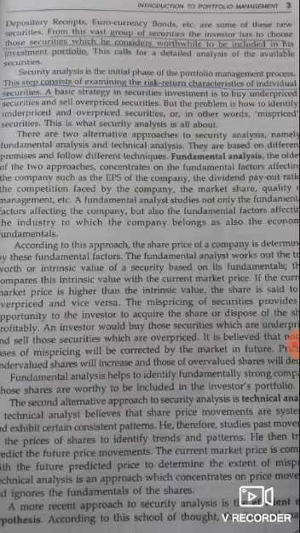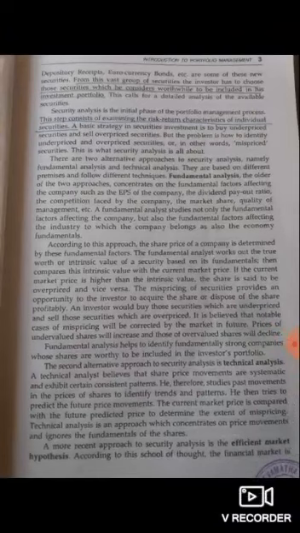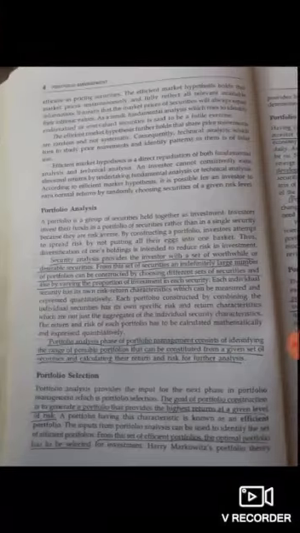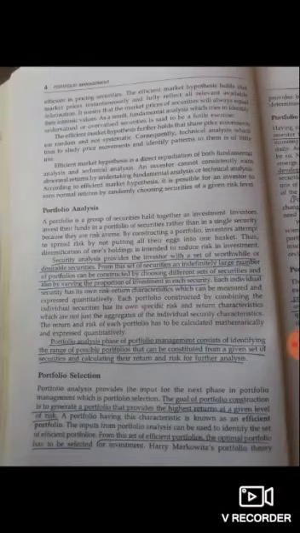So, in security analysis, we are identifying the securities which have to be included in our portfolio. For identifying the securities, we look into 3 approaches. First is fundamental analysis, second is technical analysis, and the third is the efficient market hypothesis. By studying these 3 techniques, we identify the securities which are to be included in our portfolio.